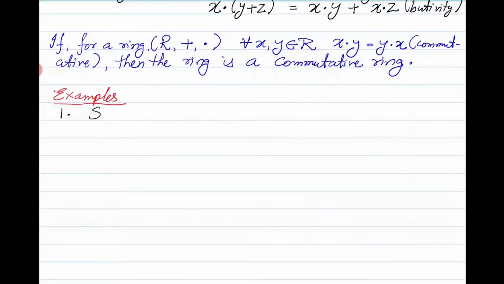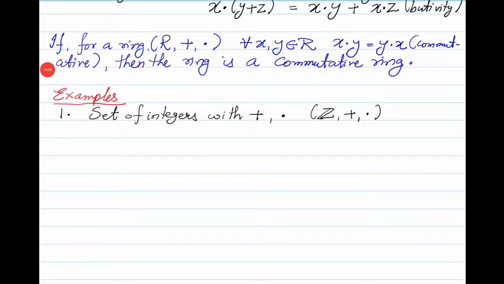I'll start with the set of integers with plus and dot. Is this a ring? You know that the set of integers with the plus operation is already an abelian group.